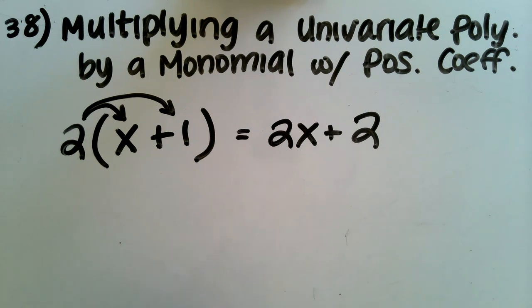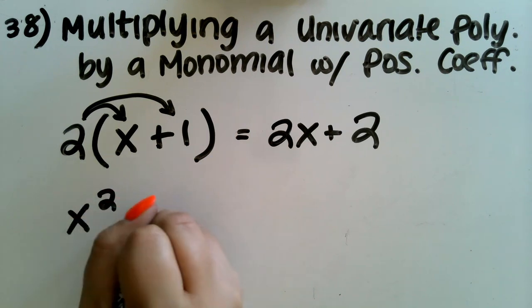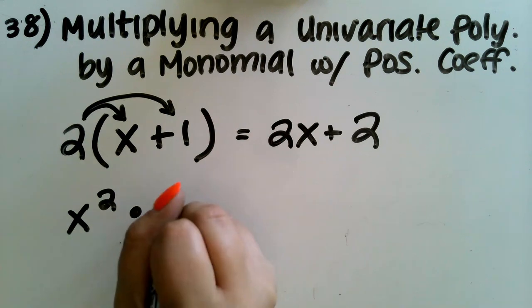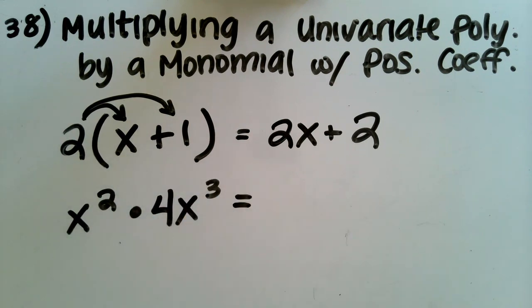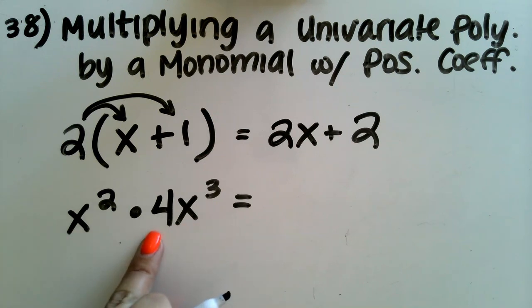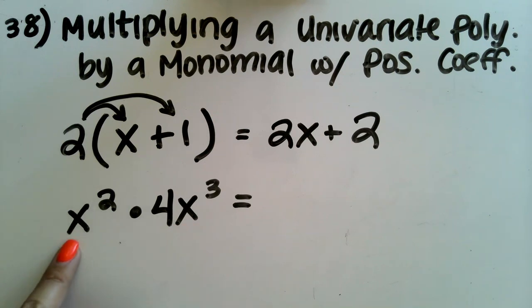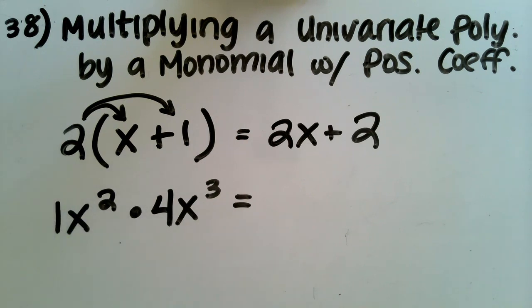Just a quick refresher on this distributive property. And second side quest that I want to do real quick, let's talk about x to the second times 4x to the third power. Thinking back to our product rule of exponents, we know that both of these terms have the same base of x, and this one just has that coefficient sitting in front. This one also has a coefficient, an invisible one of 1.